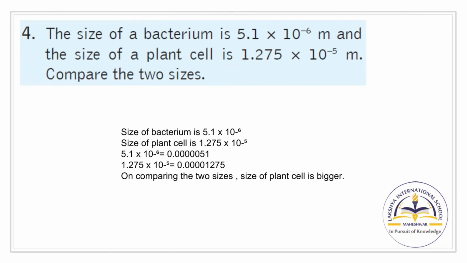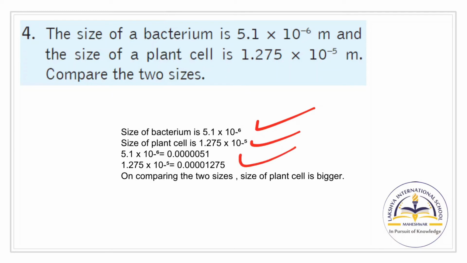Now question number 4, the size of the bacterium is 5.1 into 10 to the power minus 6 meter, and the size of the plant cell is 1.275 into 10 to the power minus 5. Compare the two sizes. Now we have to write them in usual form, so here we have written them in usual form. Now you can easily compare them.